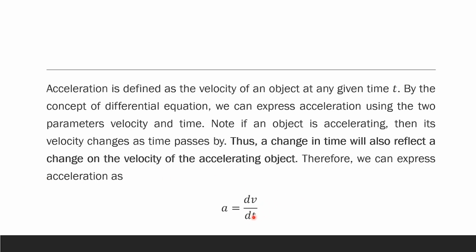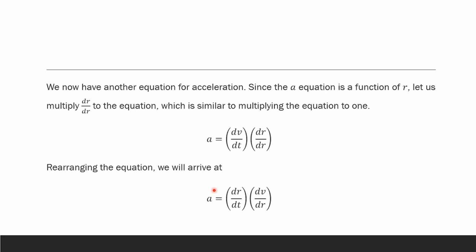So ito na, napakita ko naman to na example nung last time. So, nagkaroon tayo ng another starting point para humanap ng value ng acceleration, and that is, express natin siya as a derivative ratio, dv over dt. Now, yung nasa equation natin previously ay in terms of r. Diba?